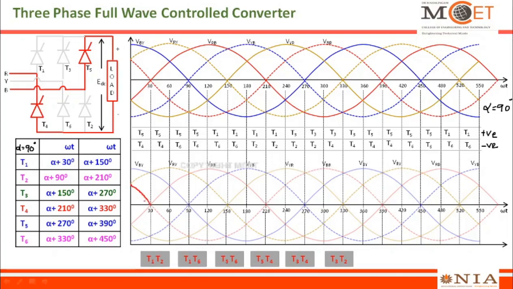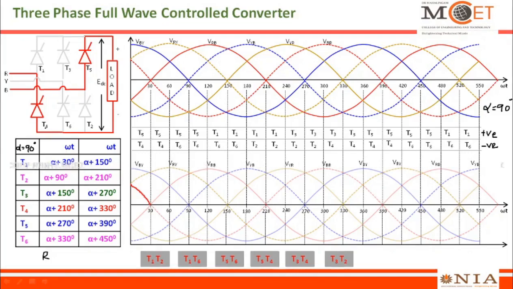One important point that we have to understand here. Now comes the differentiation between R load and RL load. Let me first assume that I am taking R load. If it is an R load, the shape of the load voltage and load current will be very similar. So load current will also have a very similar shape, and since the voltage has crossed 0 at this point, load current also might have crossed 0 at this point.